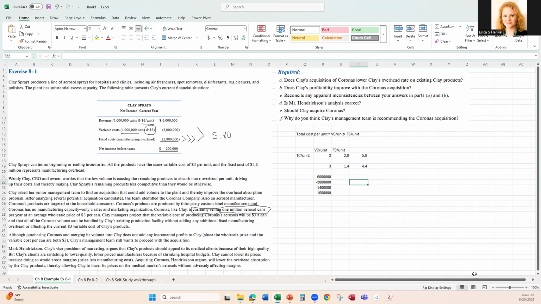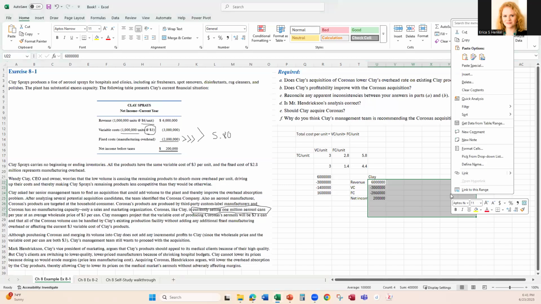They show this in the text, but if we do this with clay alone, we had 6 million, with net income of 200,000.